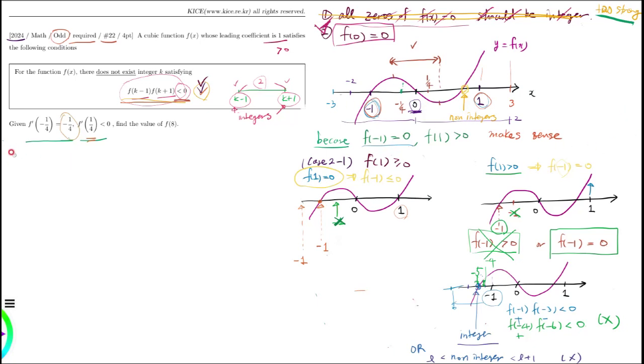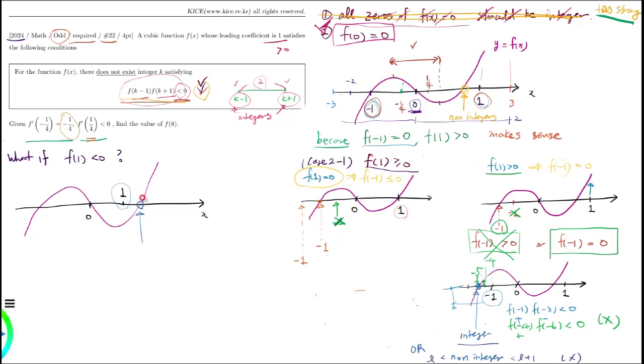And my question is, what if the value of f of 1 is negative here? And in this case, the graph looks like this. 1 is here. It does not make sense because we can separate two cases for the biggest 0 here.